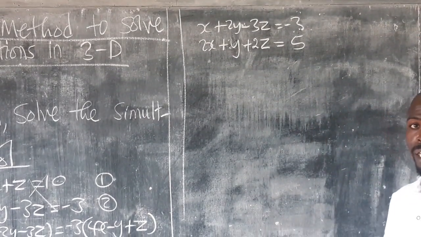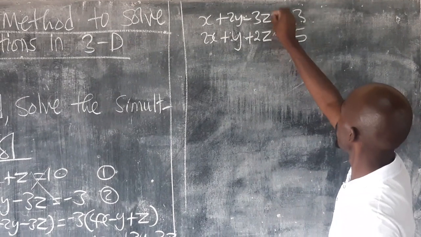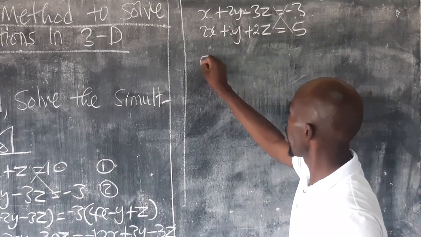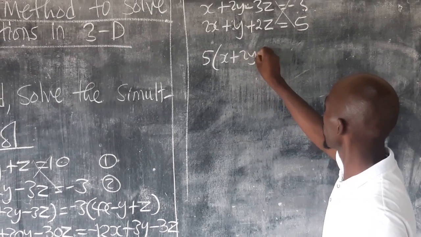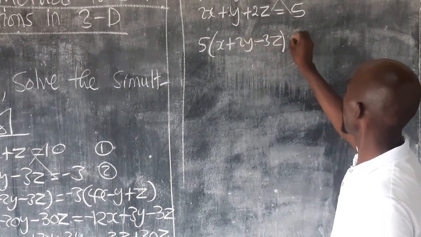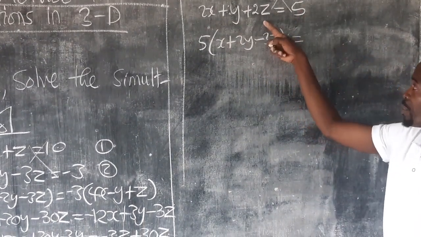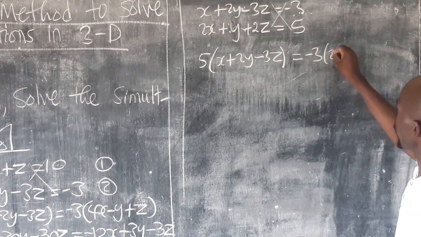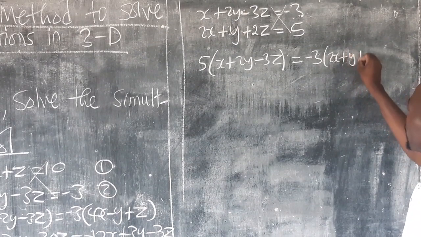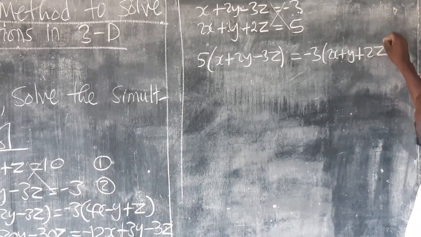Cross multiply again. 5 will go with that. Our 5 multiplied with x plus 2y minus 3z equals negative 3 will multiply with this part. That would be negative 3 multiplying with 2x plus y plus 2z.